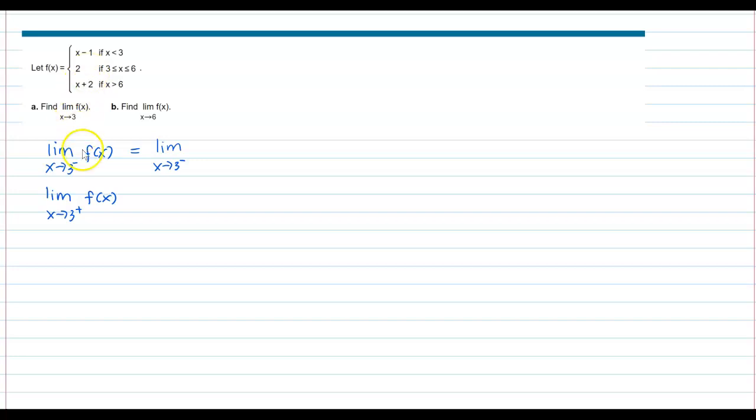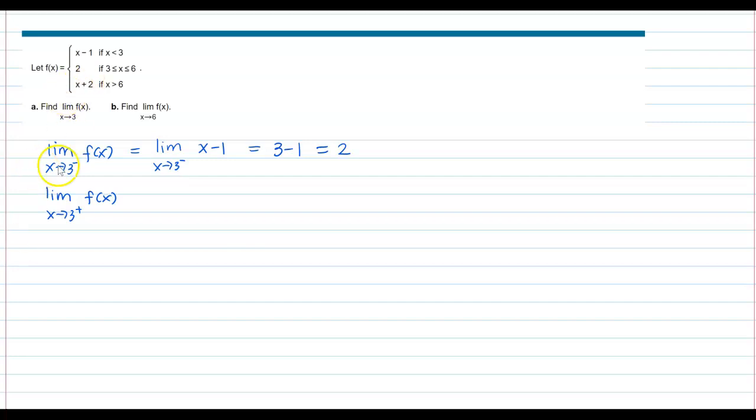So you replace the f of x here by x minus 1, because that is the definition of that piecewise function when x is less than 3, that means to the left of 3. Then you evaluate the limit by plugging in the value of x that's given. So you replace x here by 3. So now you have 3 minus 1, and that's equal to 2.